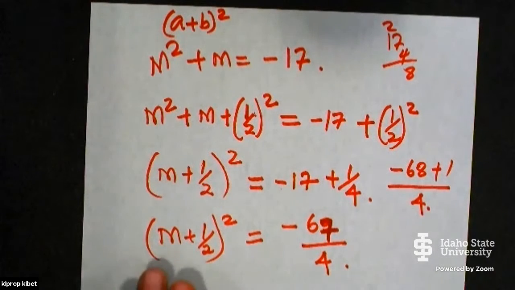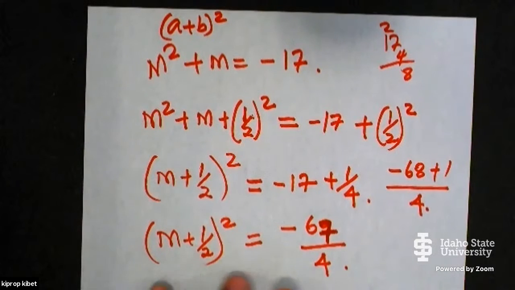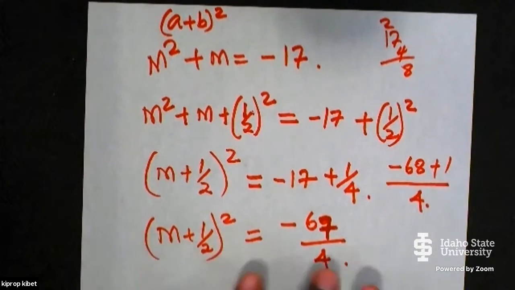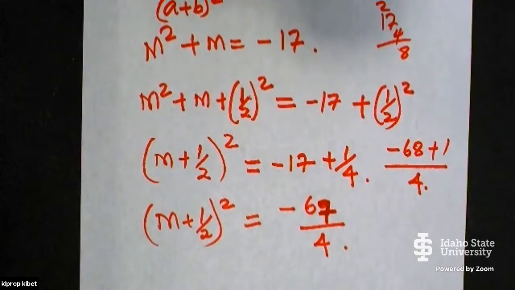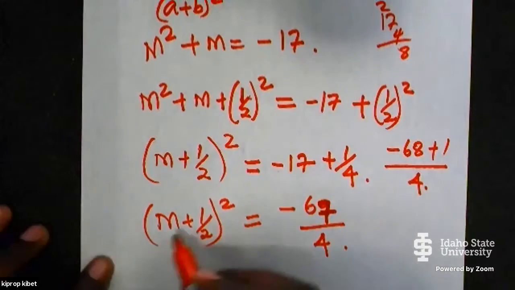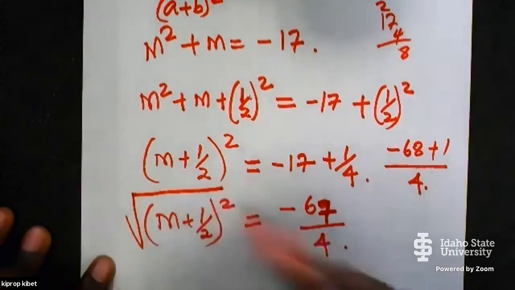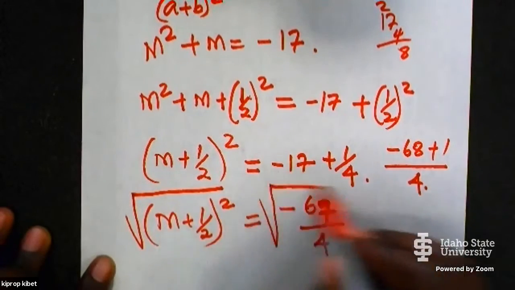Then, because we are looking for the values of m, and this one is squared, what can we do from there? We use the square root property, right? So we get the square root of this, and we also get the square root of that.